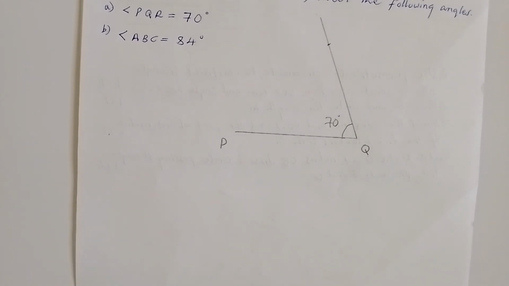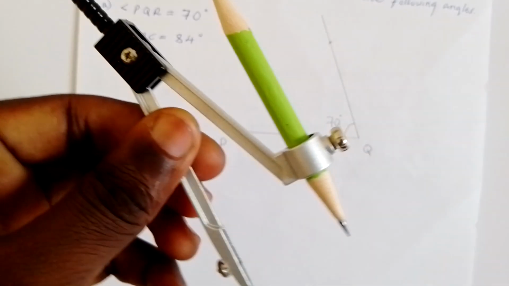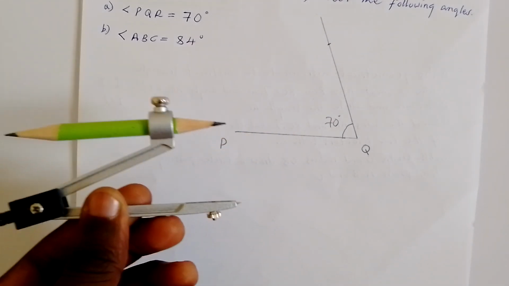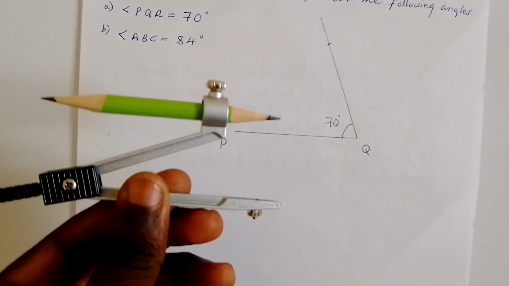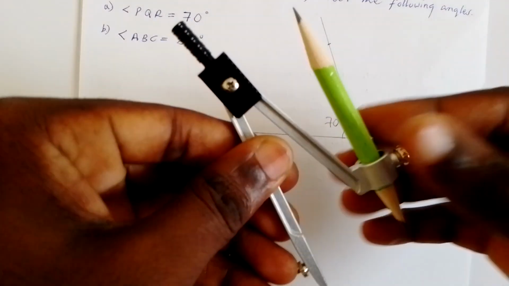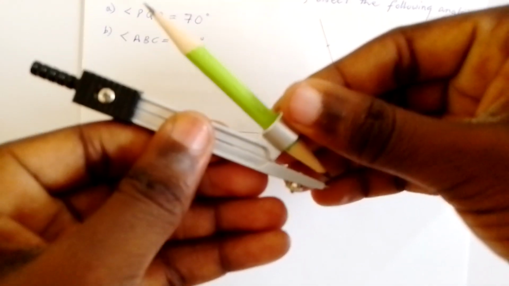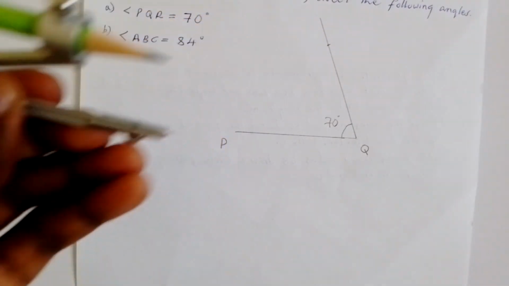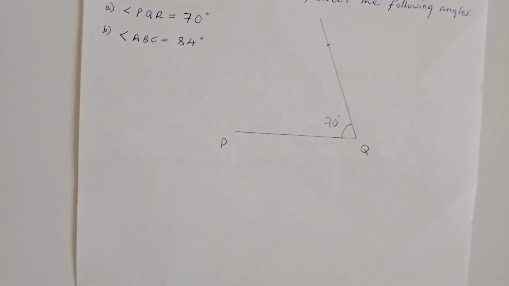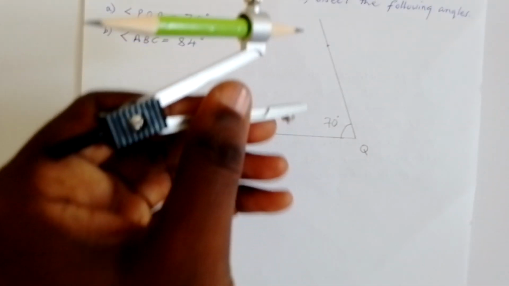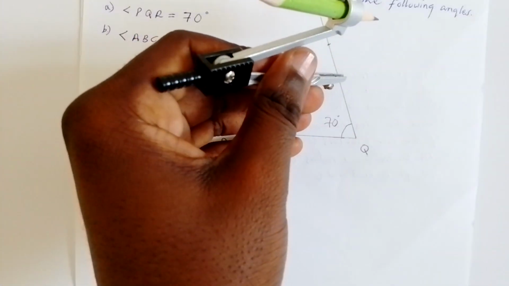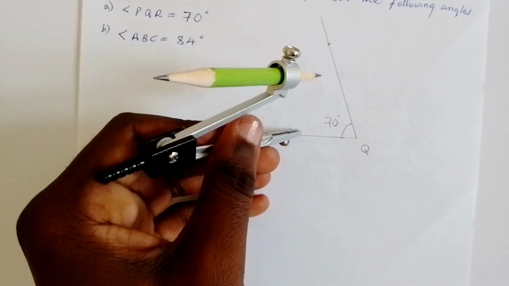As usual, make sure your pencil is fixed in the compass and firmly held. Then you just open it to some radius. The radius must be strategic in such a way that it must be able to cut both arms, this line as well as this line.